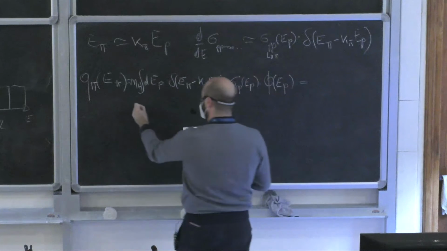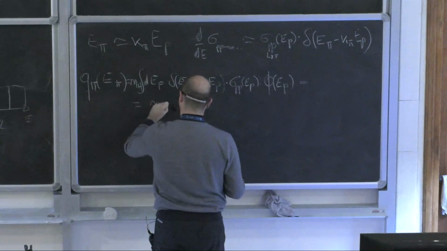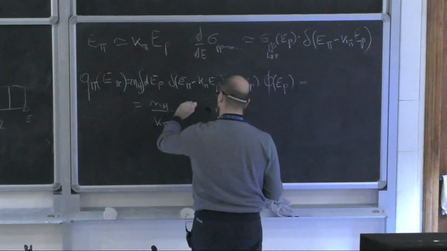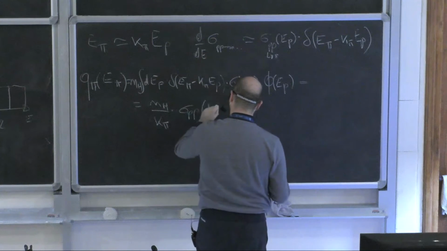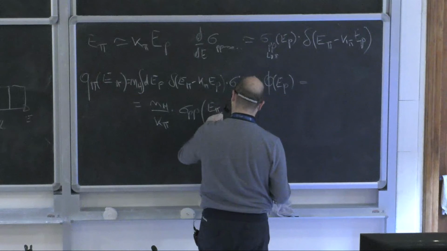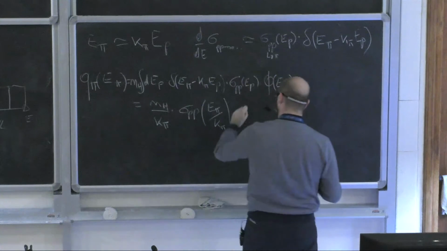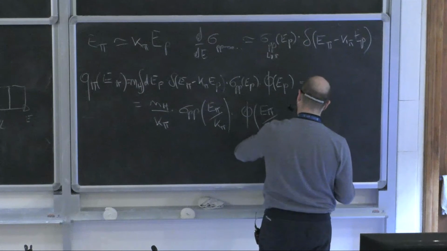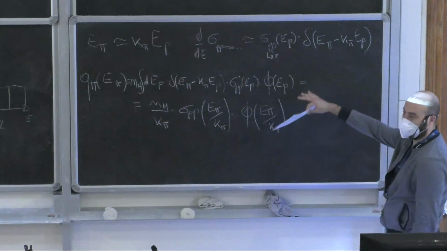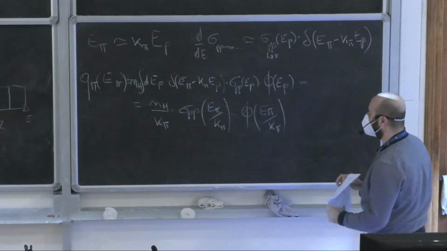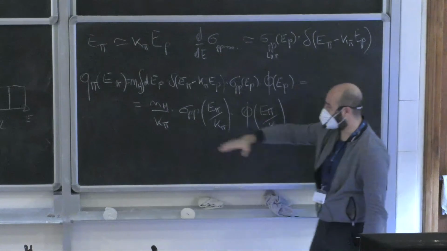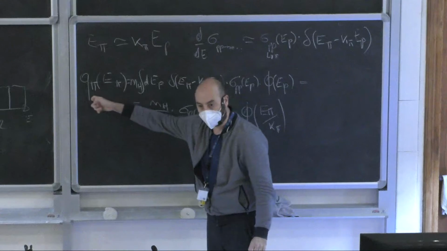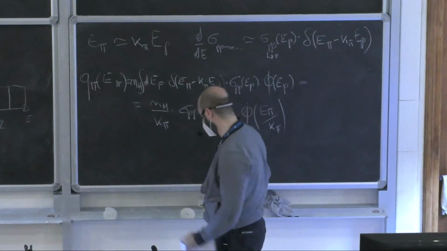Under the approximation there, you can integrate this, and this is the density of hydrogen over k pi times this cross-section evaluated at E pi over k pi times the flux at E pi over k pi. Otherwise, you have to perform the integral numerically. Okay? So once I have a flux of protons, I have my target, I have the cross-section, I can compute the spectrum at the source for the pions. First step.